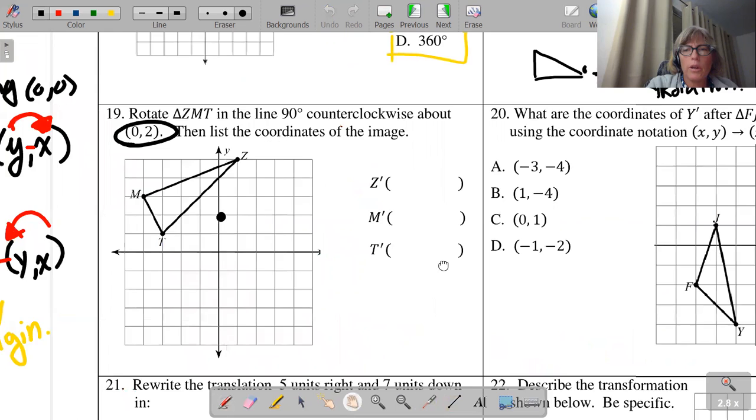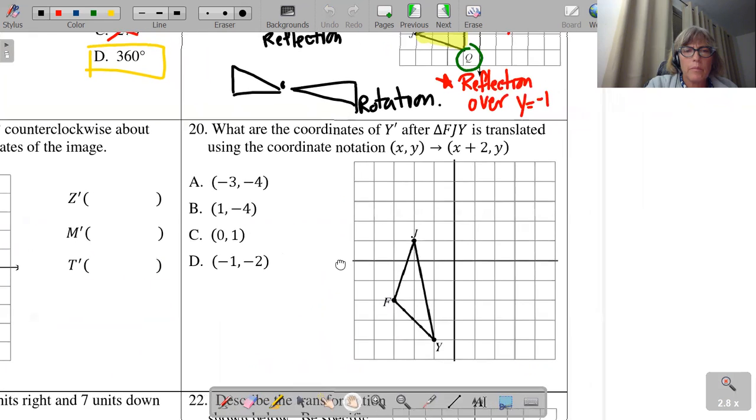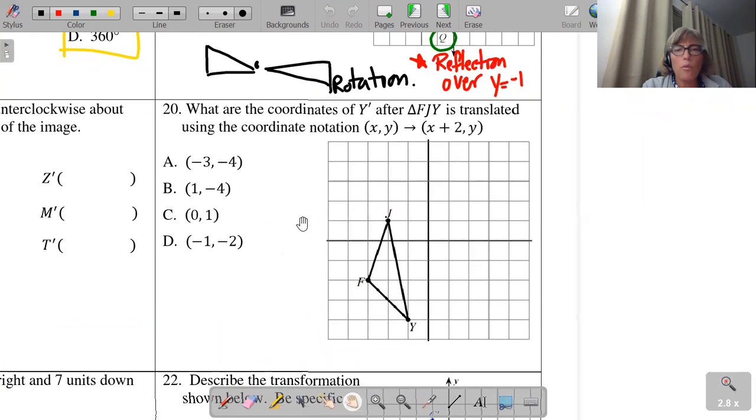Let's try another one here. What are the coordinates of y after it is translated using this notation? So what we're doing here is we're simply adding 2 to the x coordinate. Oh, hang on, that's our multiple choice here.